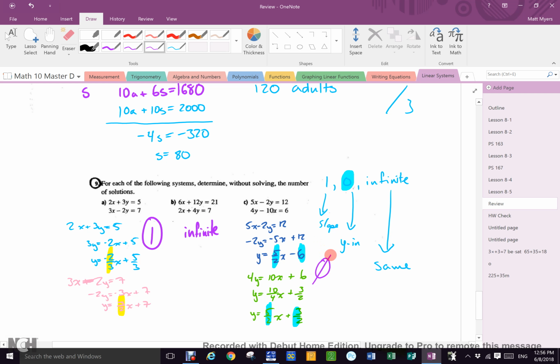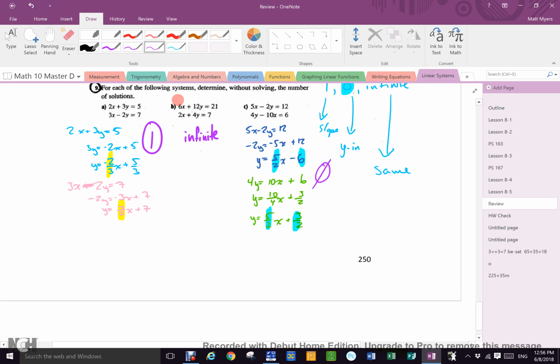Now, I call your attention to this one. Because if you were just, I gotta check the slope, I gotta check the slope, you would have done this. You would have gone 12y equals negative 6x plus 21. Y equals negative 6 over 12x plus 21 over 12.